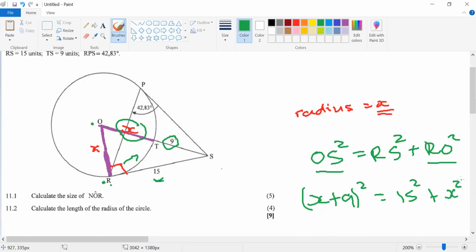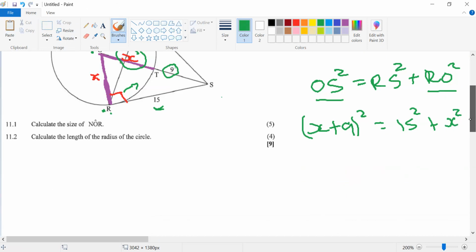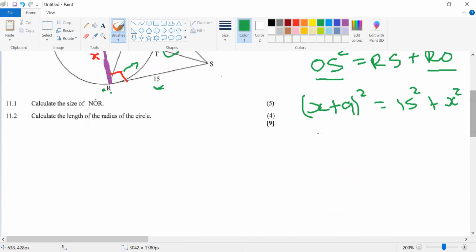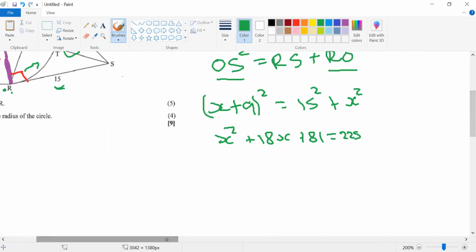Now to solve this, we break our brackets, and this is going to be x squared plus 18x plus 81 is equal to 15 squared. What is 15 squared? 225 plus x squared.